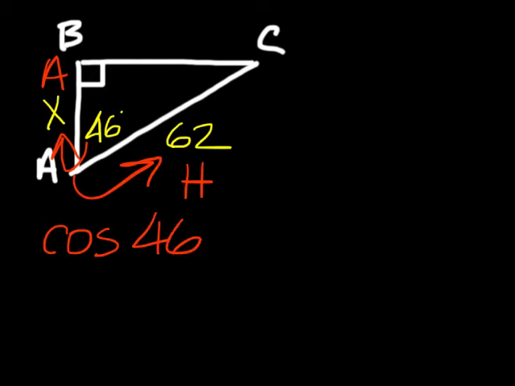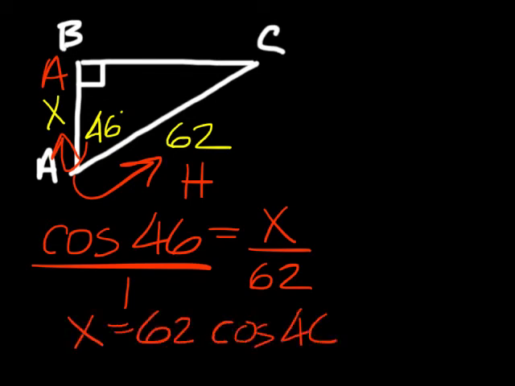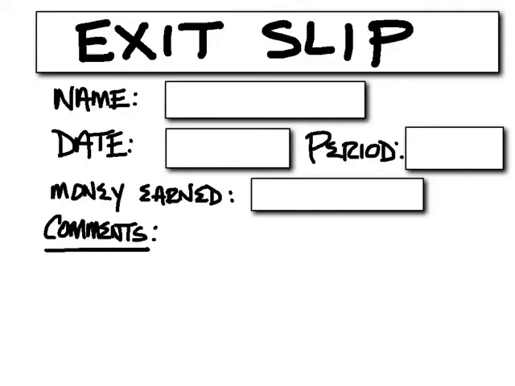So that would be cosine 46 equals adjacent x over hypotenuse 62. And in the case of cosine, anytime the adjacent is missing, it'll end up being a multiplication problem like this. If the hypotenuse is missing, then it's a division problem. But in this case, you would have cosine 46 times 62, and that is equal to 43.1.